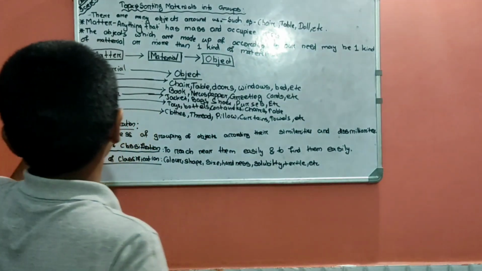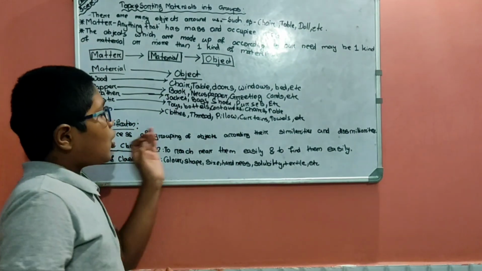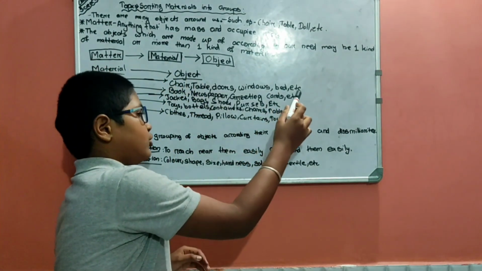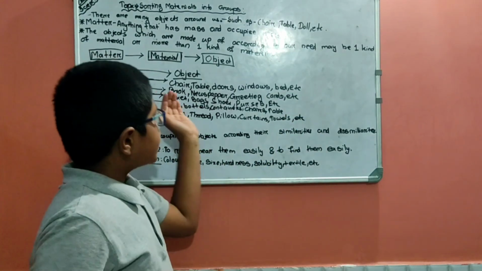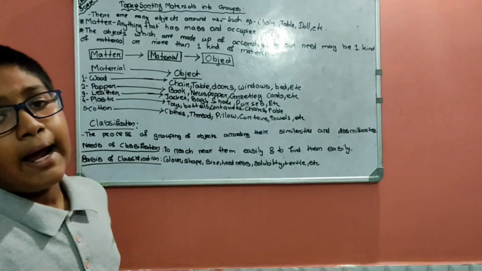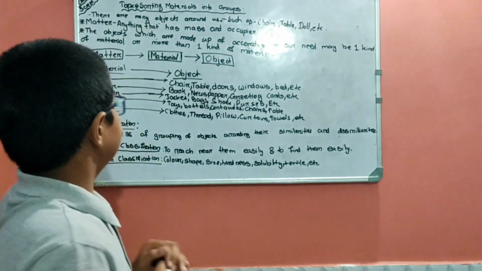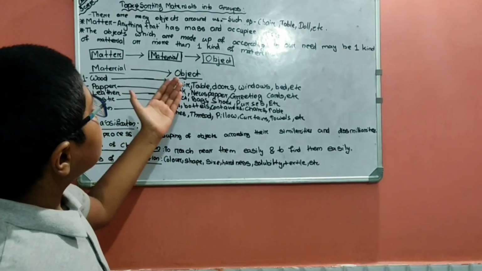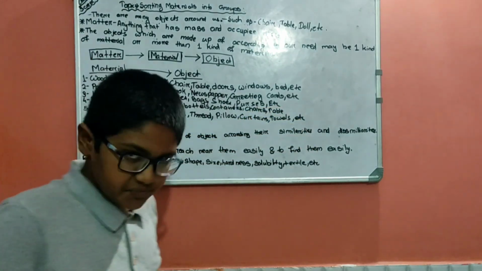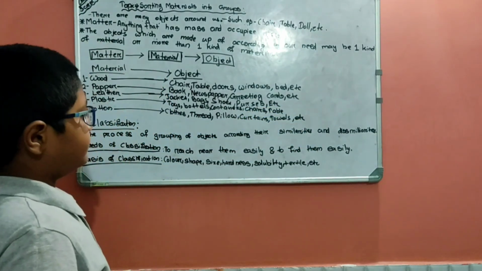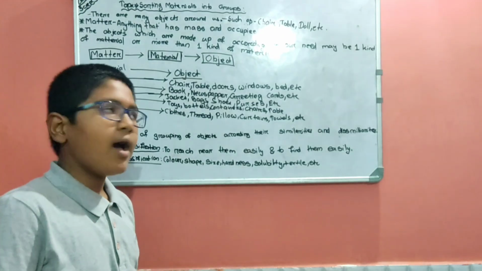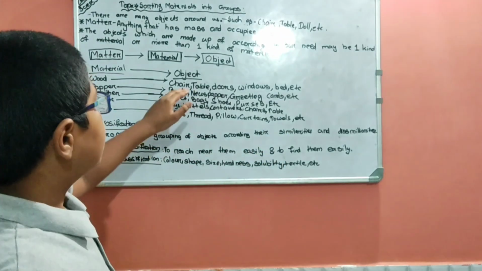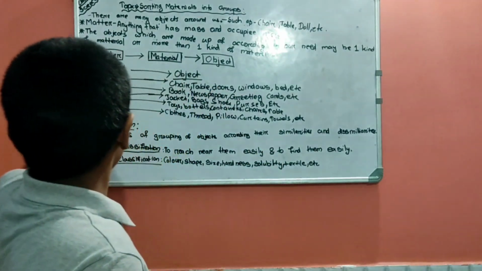Wood: objects made of wood are chair, table, door, windows, bed, etc. Then paper: objects made of paper are book, newspaper, greeting cards, etc. Then leather: objects made of leather are jackets, bags, shoes, purses, etc.